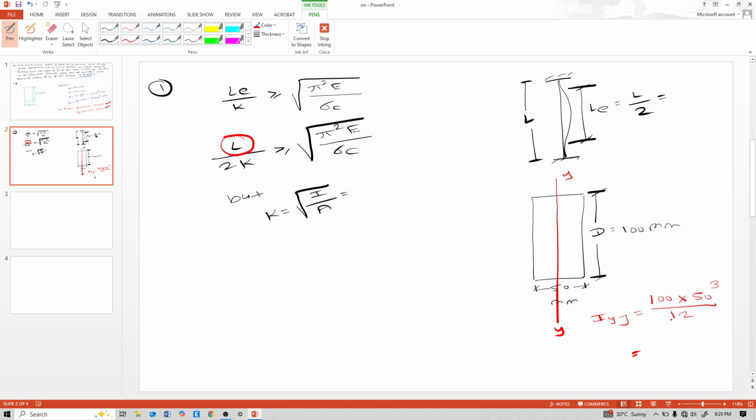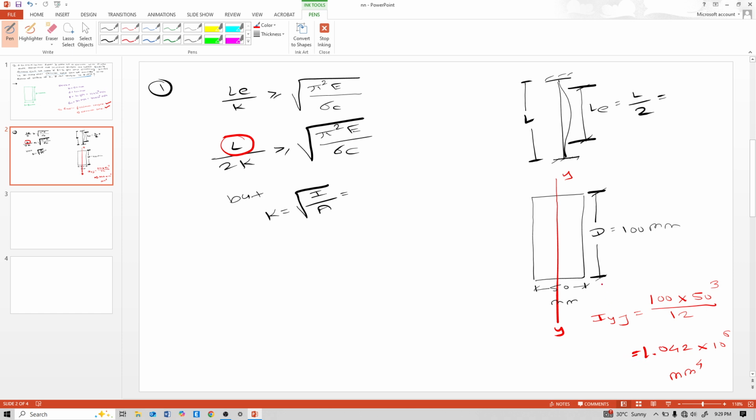So Iyy is 1.0416 into 10 raised to 6, that means 1.042 into 10 raised to 6, and the unit is mm raised to 4. So calculate it like that.